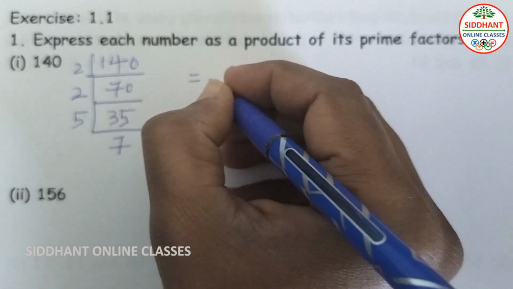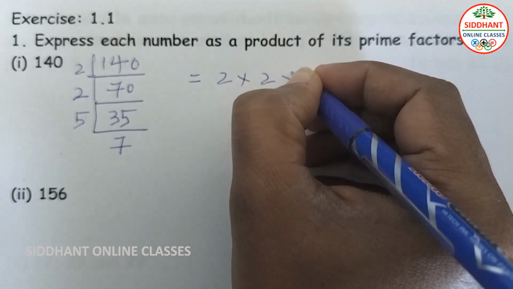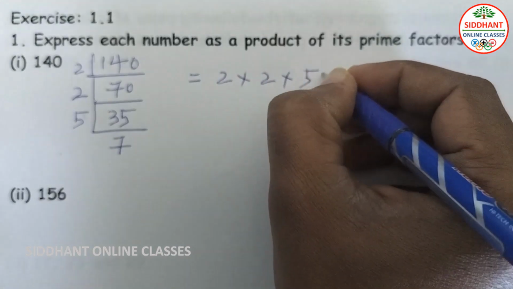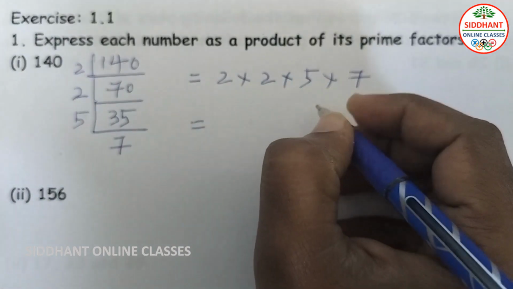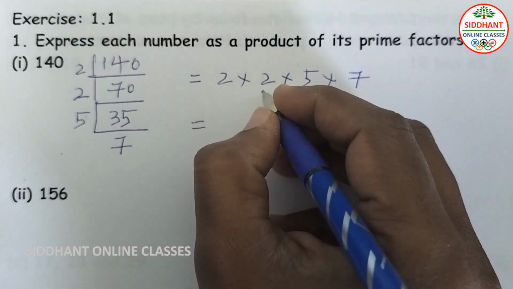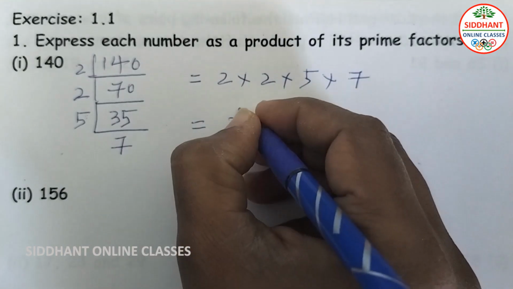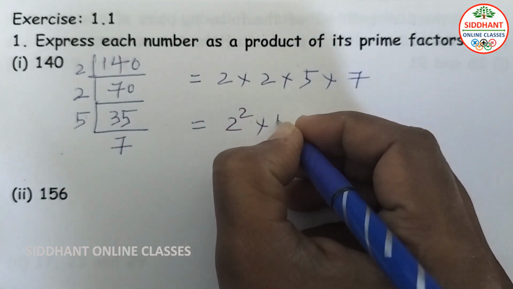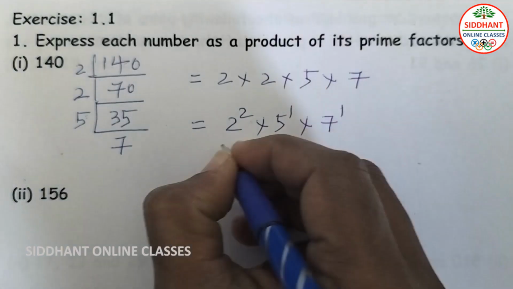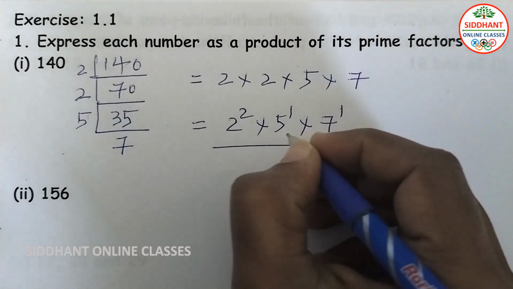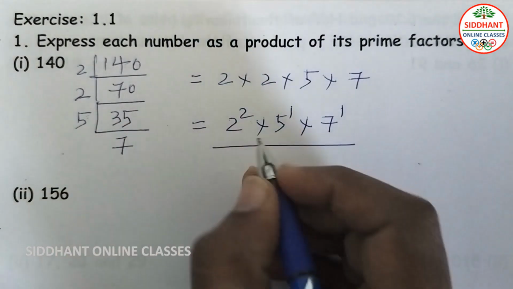The prime factors are 2 into 2 into 5 into 7, which can be written as 2 to the power of 2 into 5 to the power of 1 into 7 to the power of 1. So this is the product of prime factors of 140.